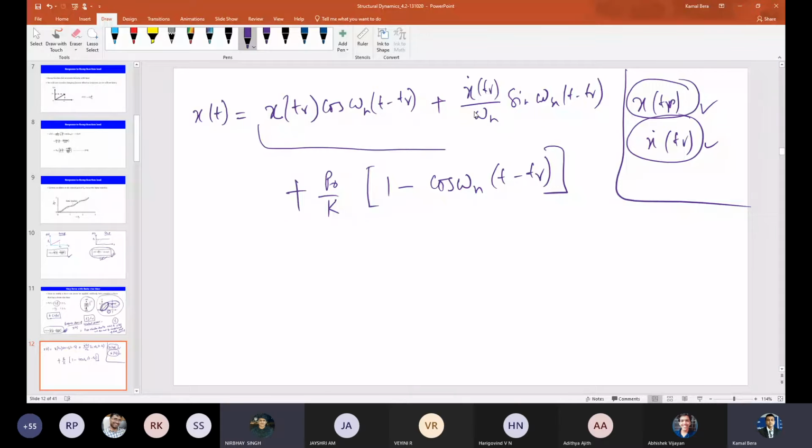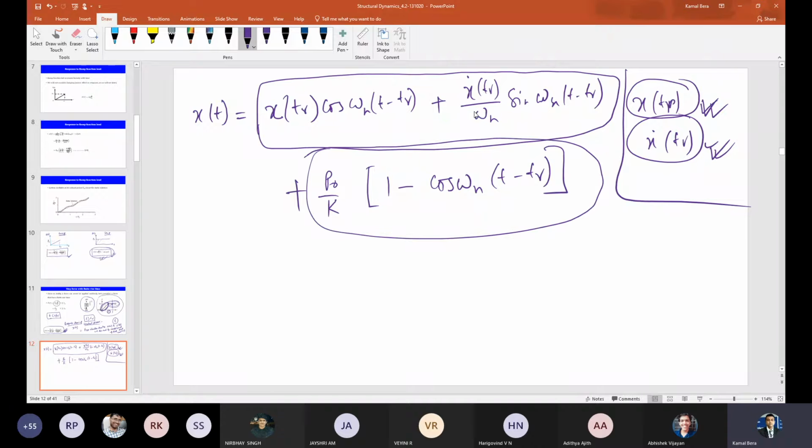So this part is the free vibration part arising due to this initial displacement and this initial velocity at the end of the ramp phase, that is at t equal to tr, and this part is due to the step load, which is starting at t equal to tr, for the undamped system obviously. Both are undamped systems.